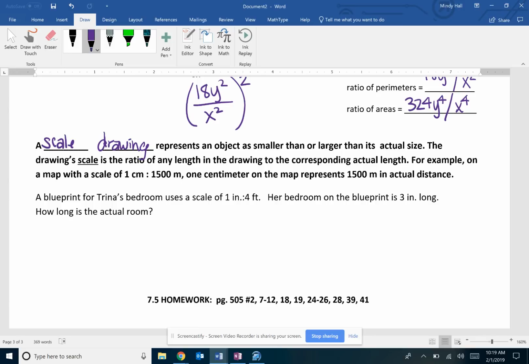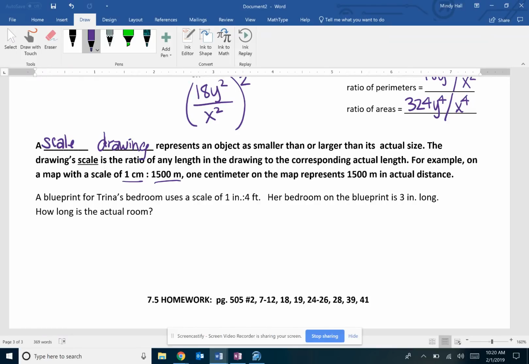The drawing scale is the ratio of any length in the drawing to the corresponding actual length. For example, on a map with a scale of 1 to 1500, 1 centimeter on the map represents 1500 meters in actual distance. So you're going to have problems where you have a ratio that you're going to have to work with.